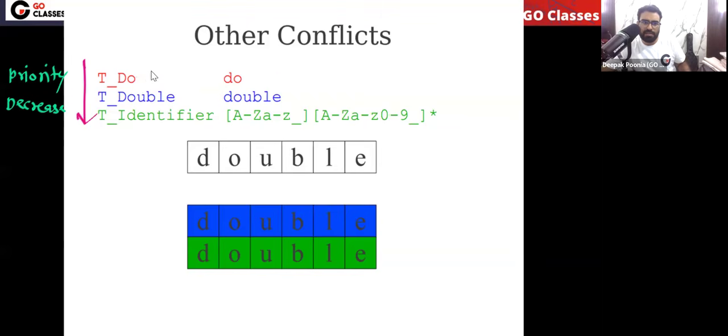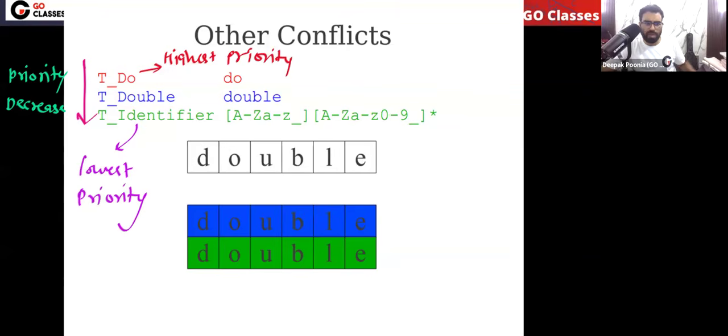This has the highest priority, and this has the lowest priority. So even after the longest match, if multiple regular expressions are matching, then you generate the token corresponding to the regular expression which has higher priority. So for this question, the answer will be this one.